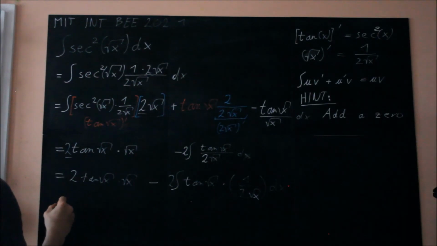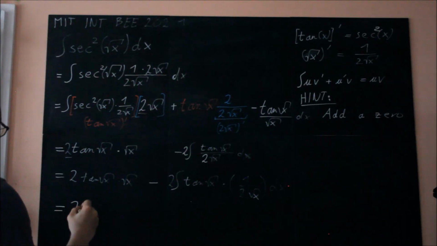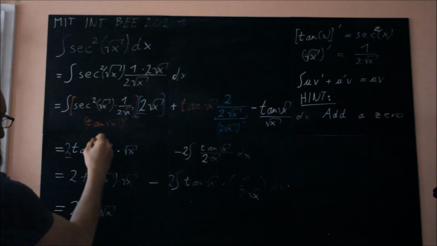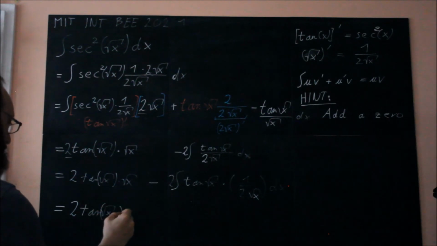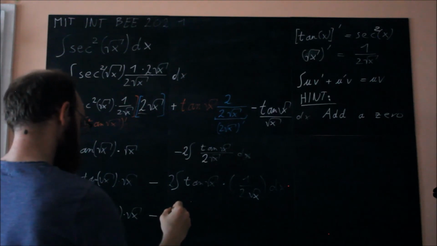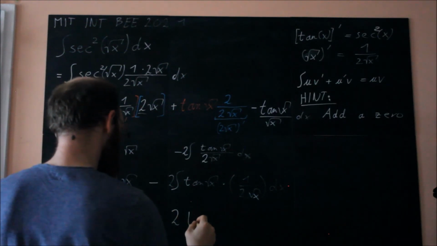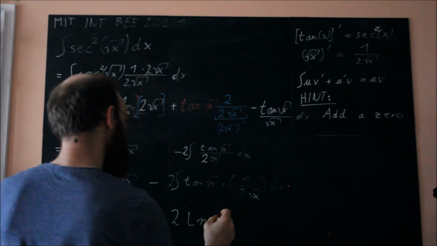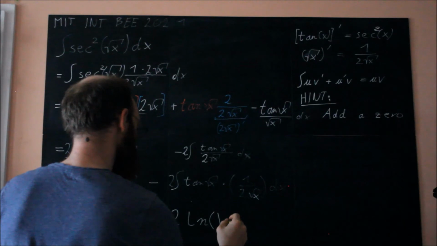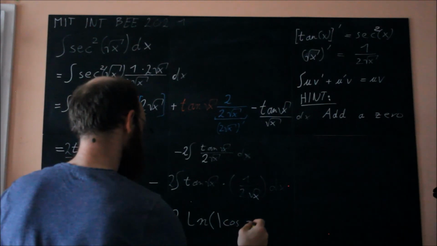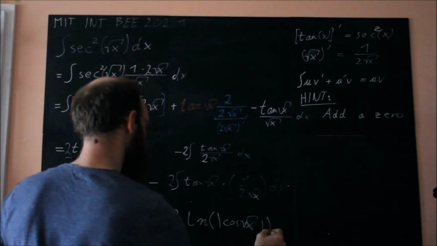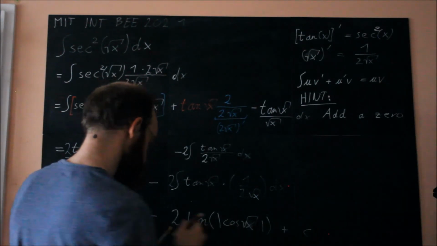So at the end we should get 2 times tangent square root x times square root x minus 2 times the natural log of cosine square root x, and then a plus c if you like.